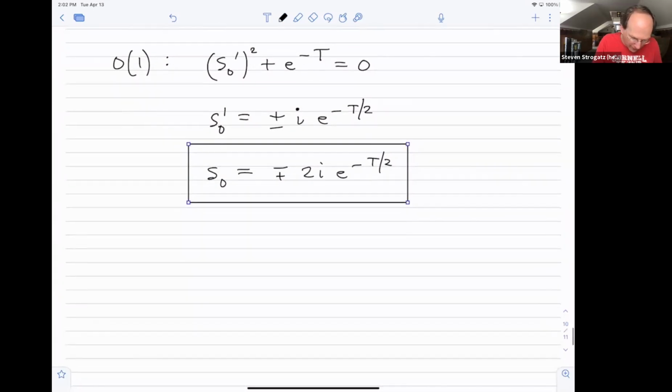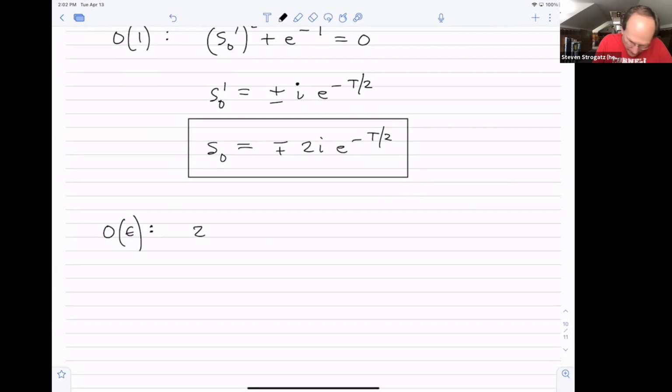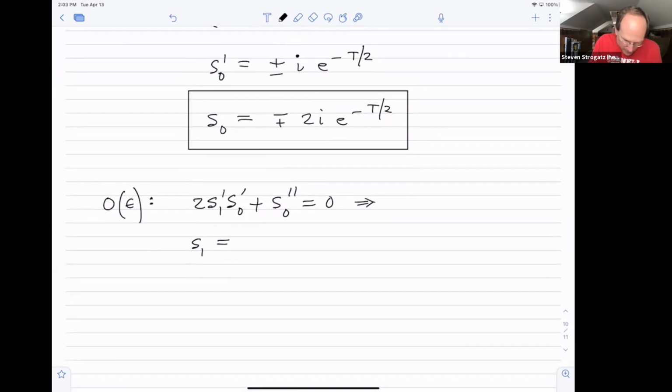And let's also now carry out what happens at the next order. So at order epsilon, the equation comes out to be 2 S1 prime S0 prime plus S0 double prime equals 0. Should look familiar. And when I substitute that in and solve for S1, substitute in for S0, you get that S1 prime is minus a half S0 double prime over S0 prime.